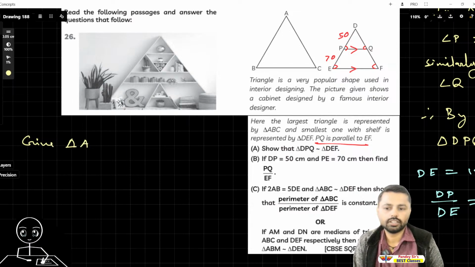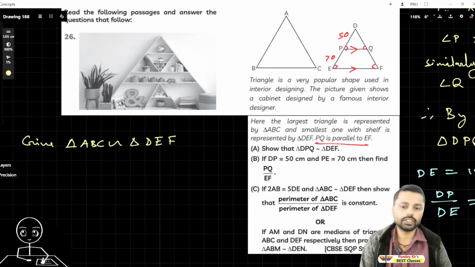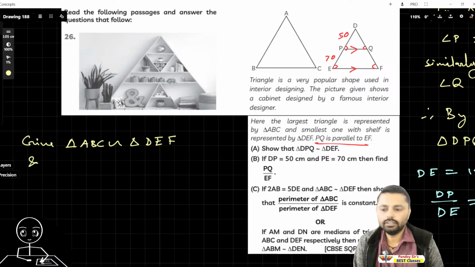Triangle ABC similar to triangle DEF, then they will be in the same ratio, and 2AB equal to 5DE.